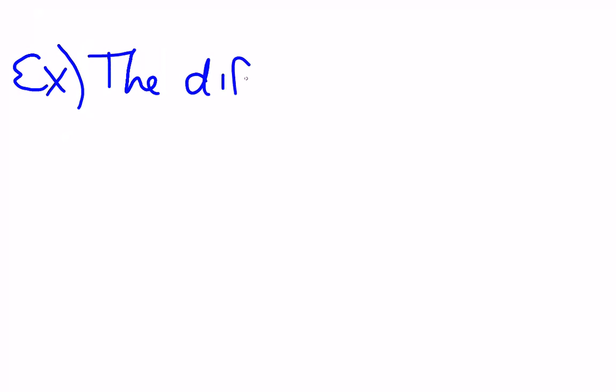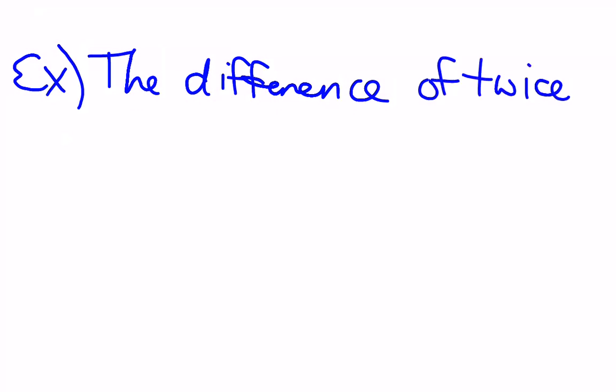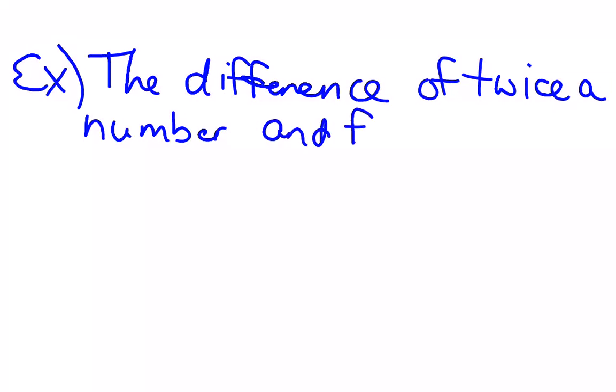And last one, this one's a little long because it's a word problem. So it says the difference of twice a number and 5 is 3.